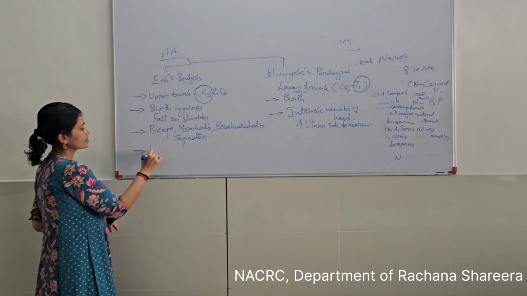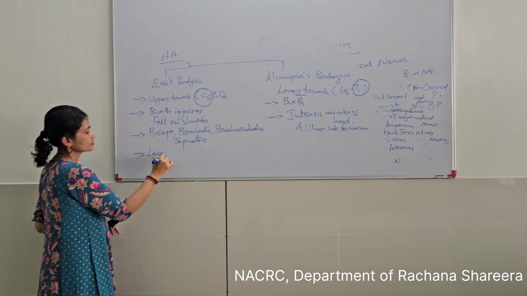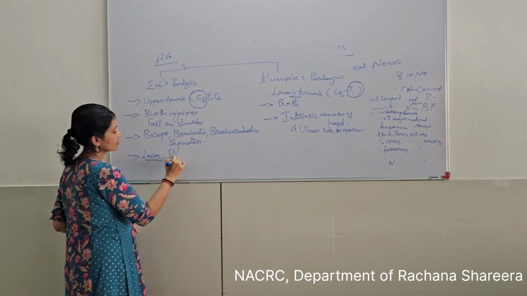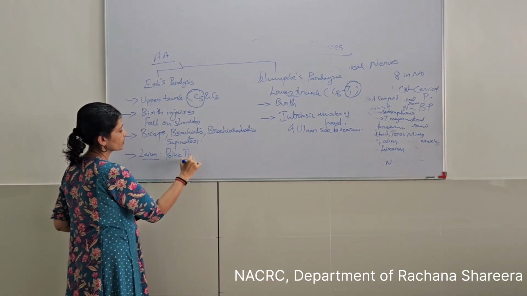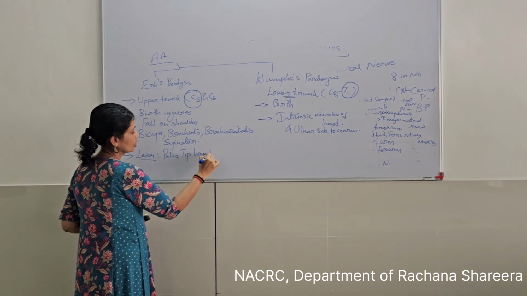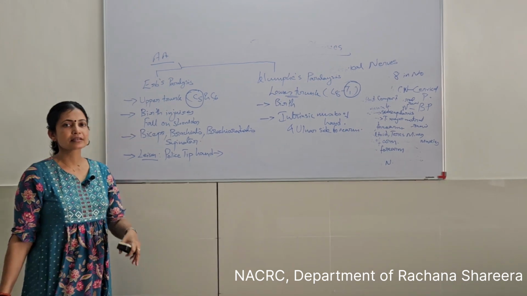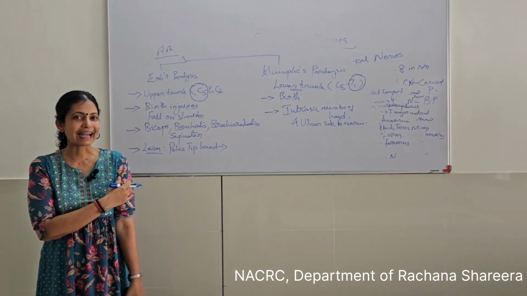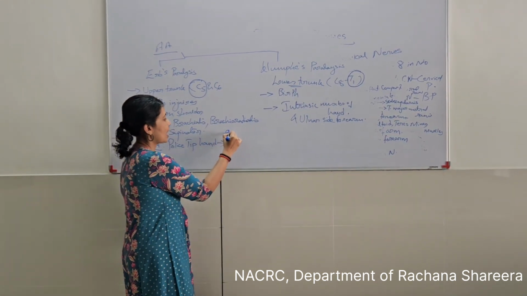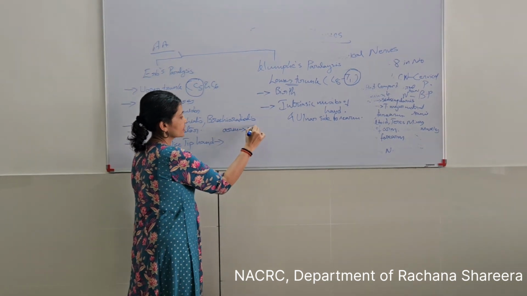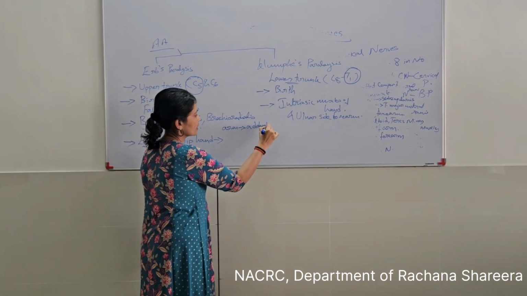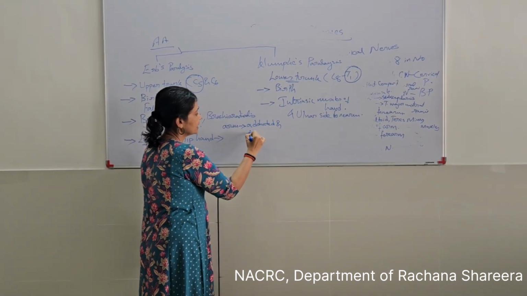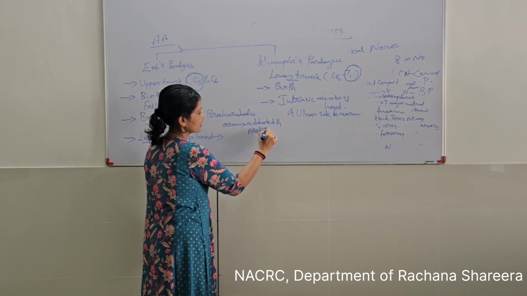Now the lesion is policeman tip hand. Policeman tip hand means our arm is adducted and medially rotated.